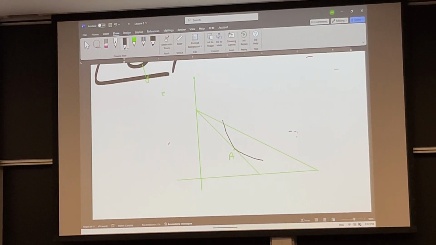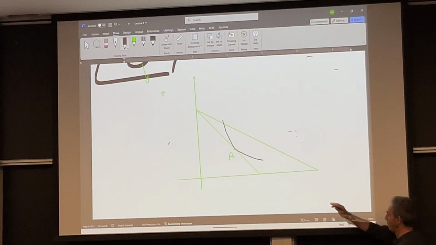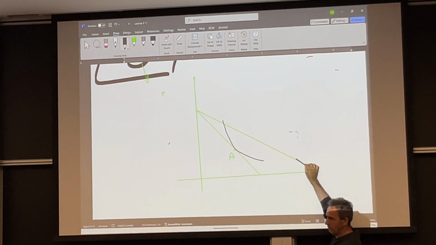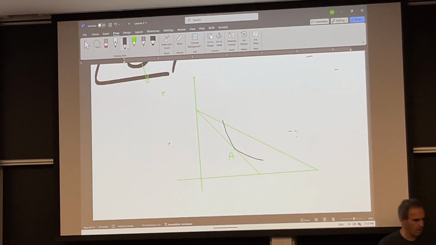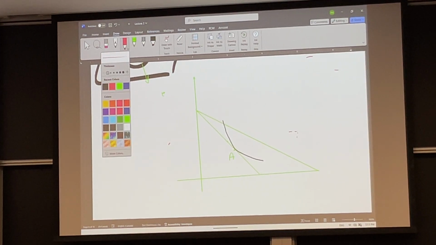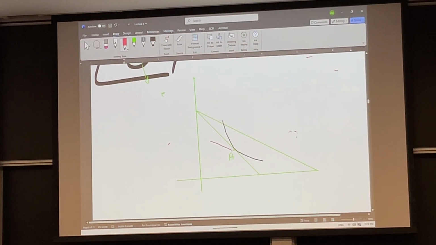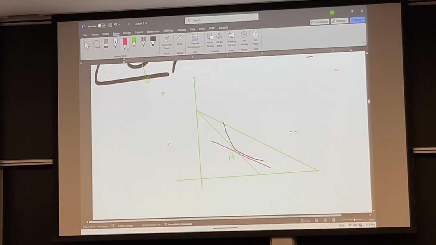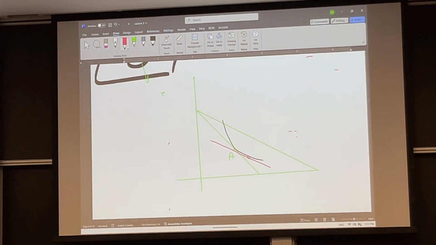So I gave you the initial point, I give you the terminal point, I gave you the bottom line. That is where the income effect is eliminated. Just call this one C. Make sense?